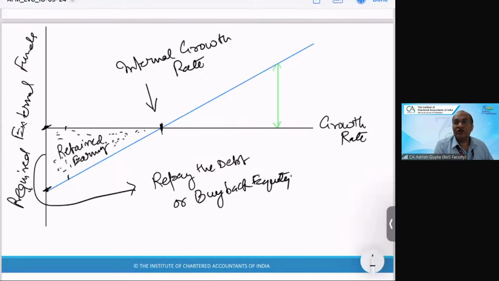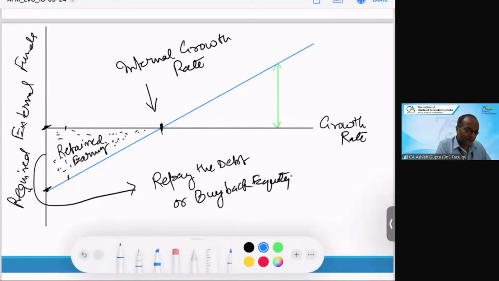Once we cross it, we need external funds. This portion is basically external funds, or I can do it with a different color.